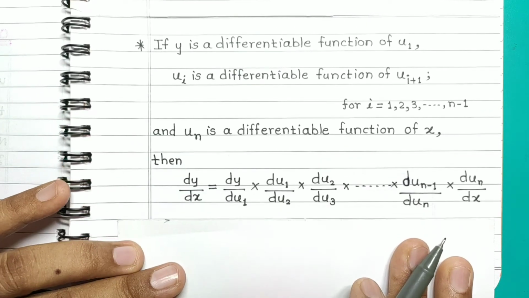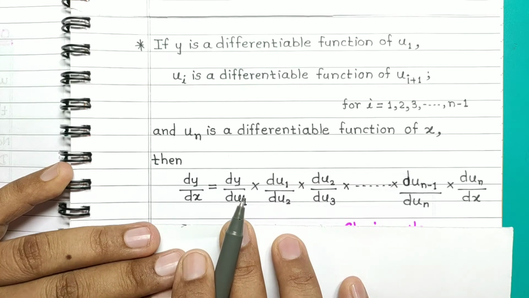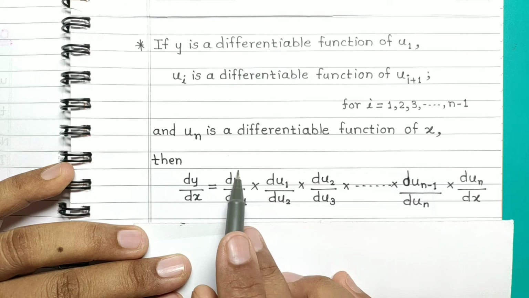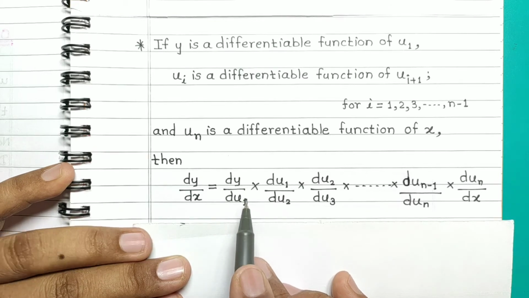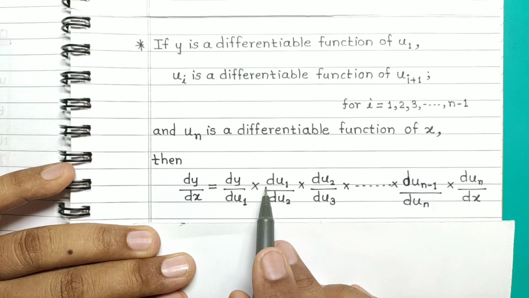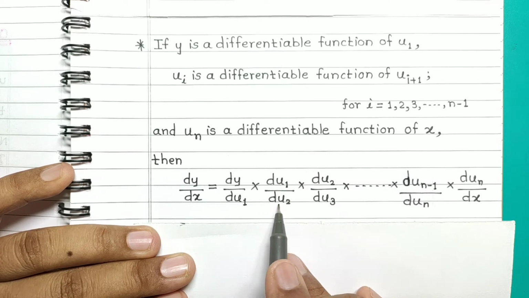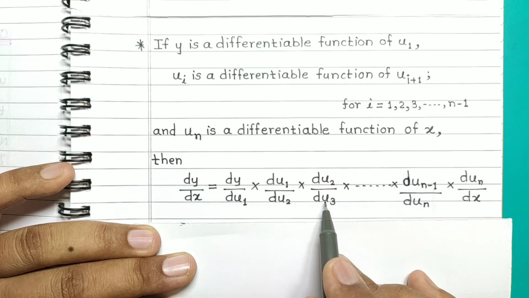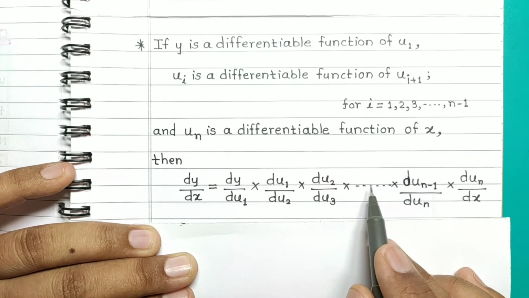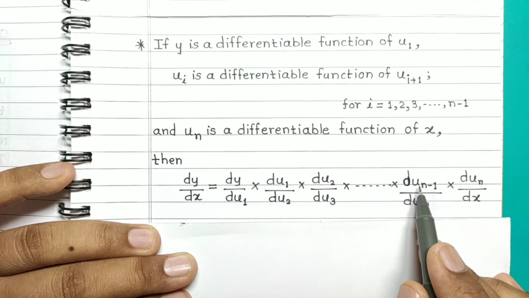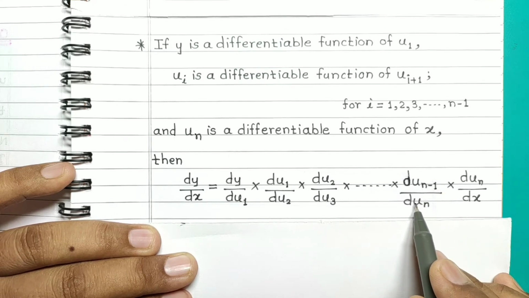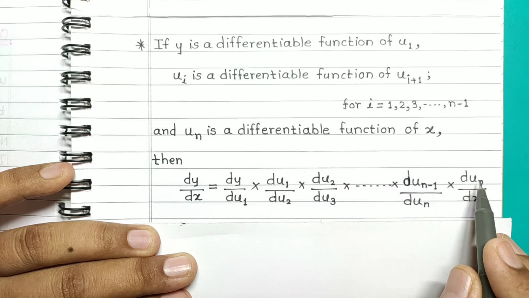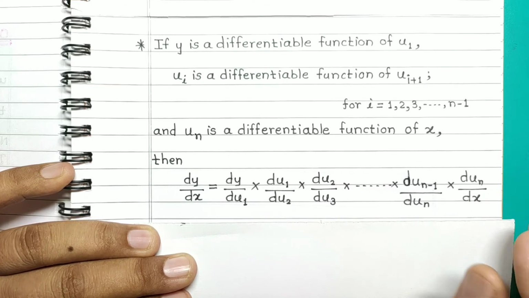then dy by dx is dy by du1, that means derivative of y with respect to u1, multiplied by derivative of u1 with respect to u2, into derivative of u2 with respect to u3, into up to so on, derivative of un minus 1 with respect to un, and finally multiplied by derivative of un with respect to x.